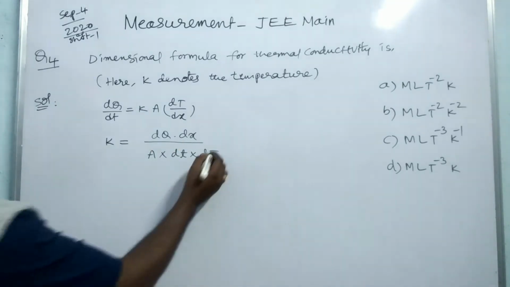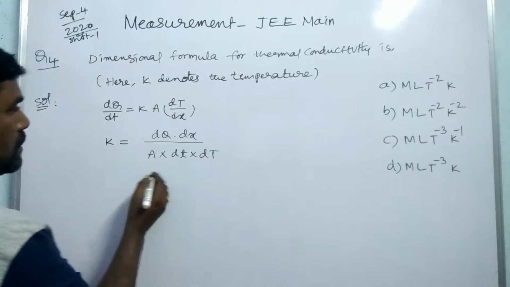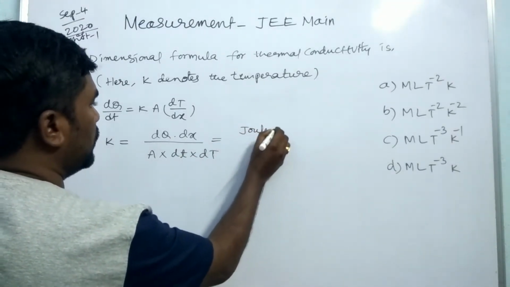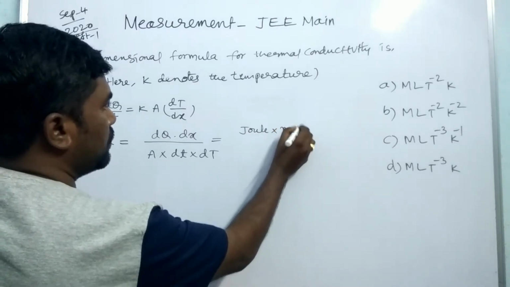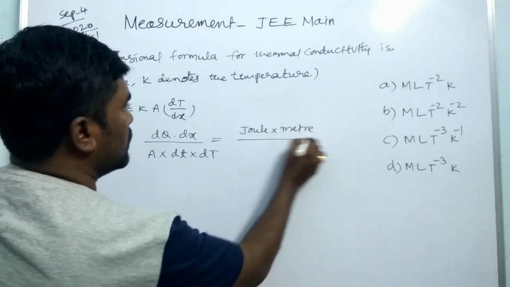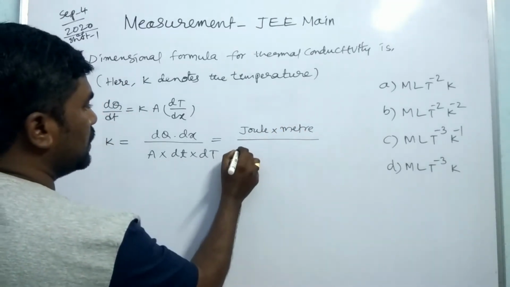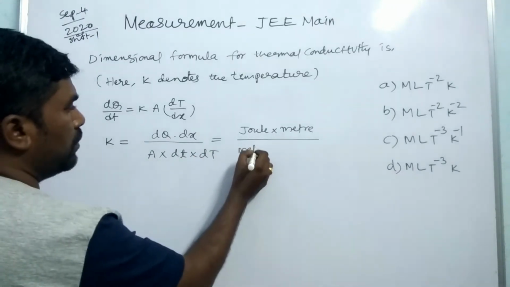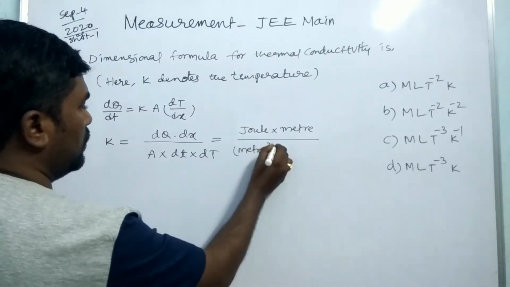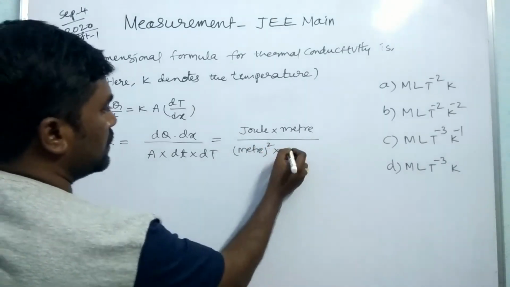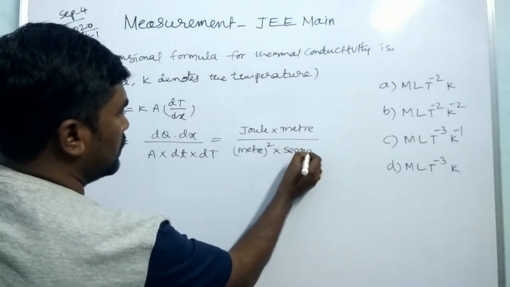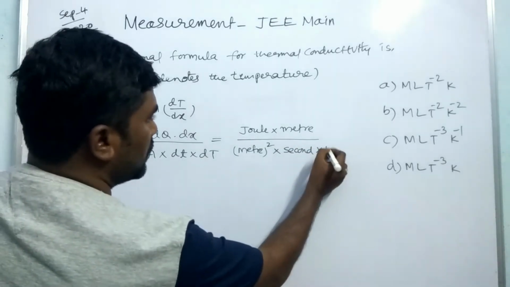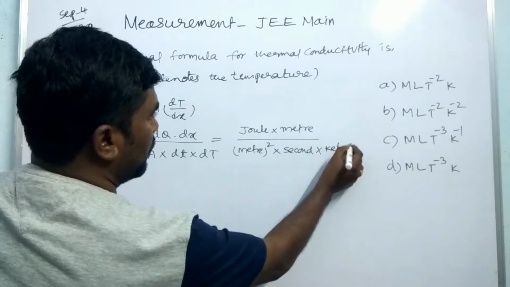Right? So dQ is the heat energy, that is joule, into dx, the distance in meter, by area, which is length into breadth, meter into meter, meter square, into dt, the time in second, into dT, capital T, the temperature, which is in Kelvin.